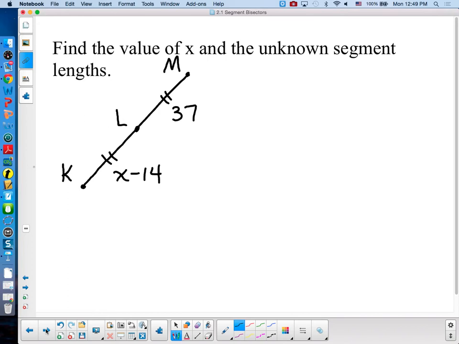LK is supposed to be the same length as LM. And let's see, unknown segment lengths are KL and KM. So find X, find KL, find KM.